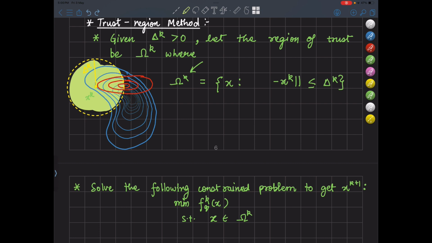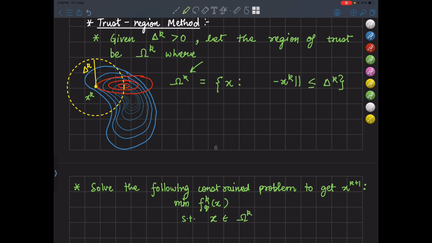So for all the x belonging to this circular region, we try to solve this constraint optimization problem. Now we haven't studied constraint optimization problems as of now, but this particular problem is easy to solve.